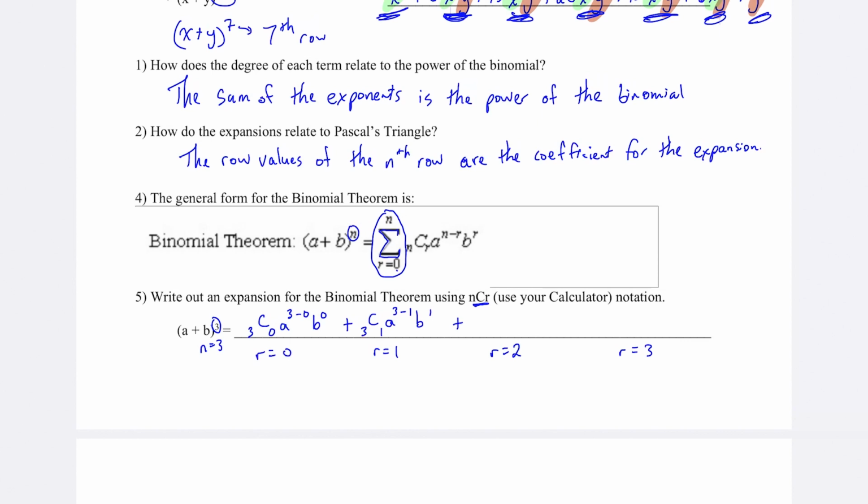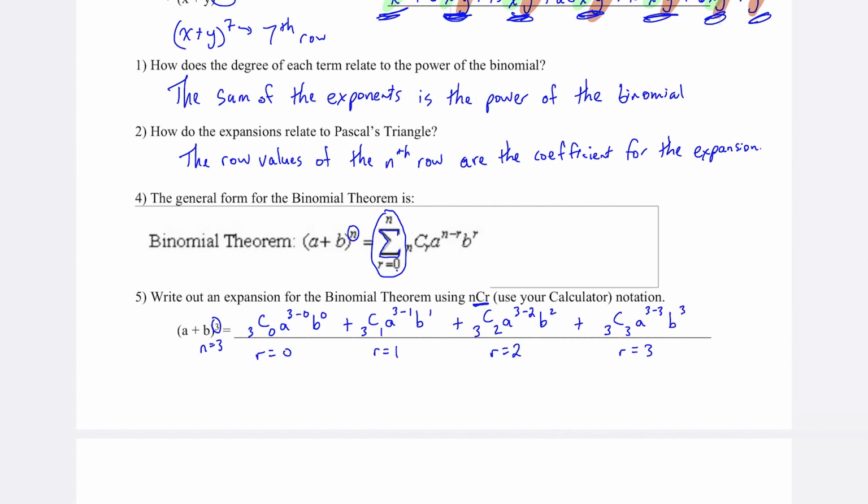Plus r equals 2. So it's 3 choose 2. A to the power of 3 minus 2, and b to the power of 2. Plus 3 choose 3. And that's a to the power of 3 minus 3, and b to the power of 3.